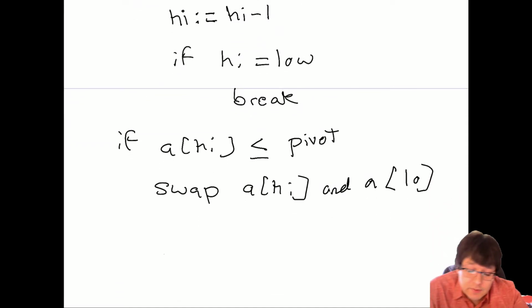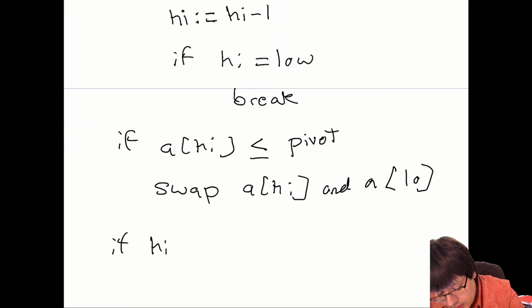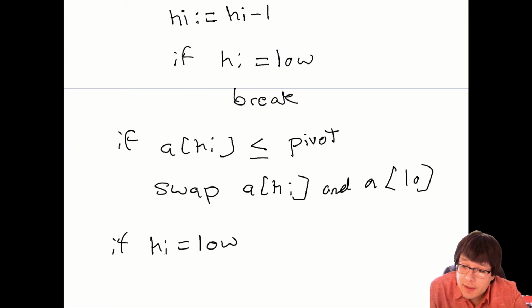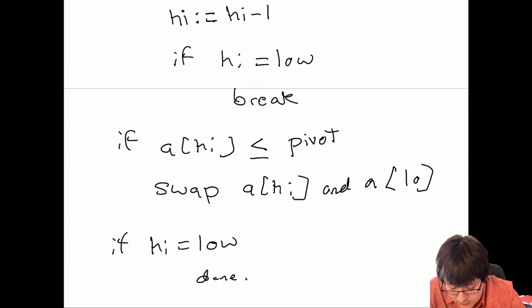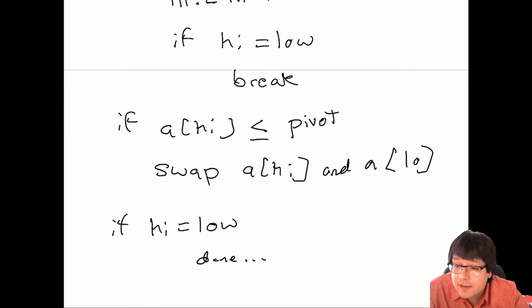Okay? Alternatively, the other scenario that you might run into is, again, if high and low are equal. Okay? In that scenario, you're done. So you can move on to the last step.